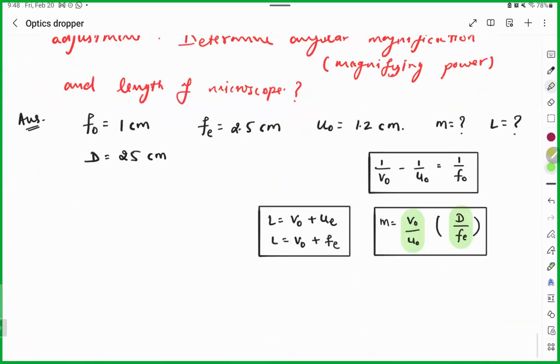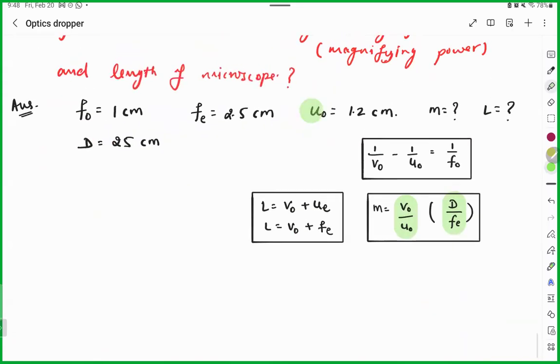We have U naught in our question. We have the D value, which is always fixed at 25 centimeter. We have FE. We need V naught for the magnification. How to calculate V naught? You have U naught, you have F naught, so first we'll find V naught using the lens formula, and then we'll substitute it in M equals V naught by U naught, right?